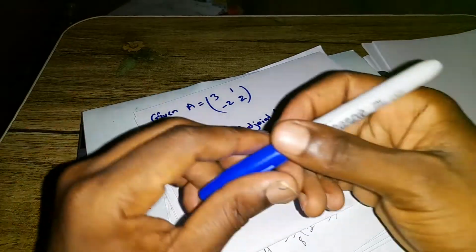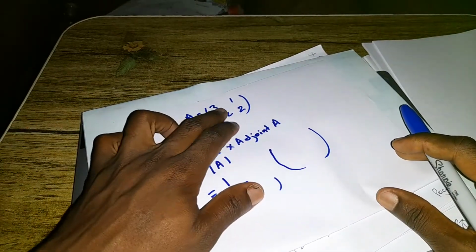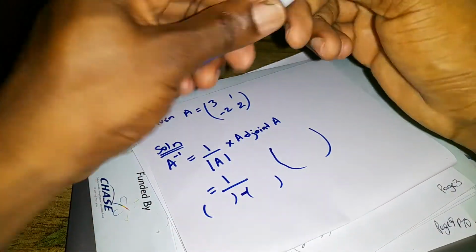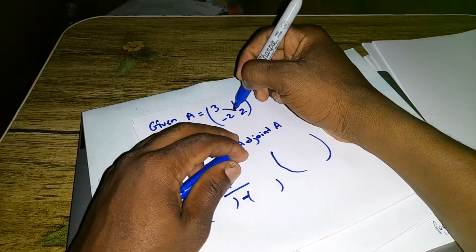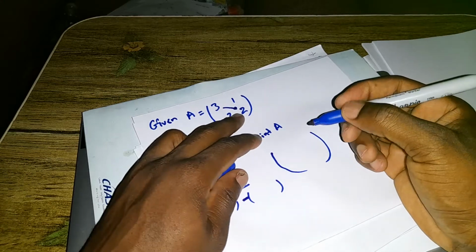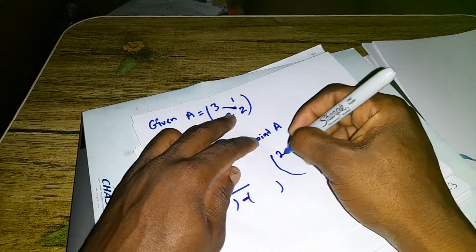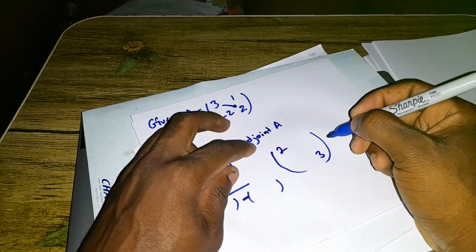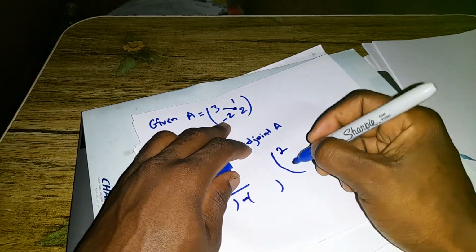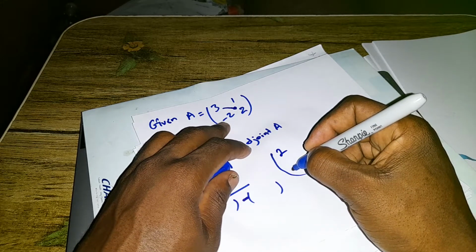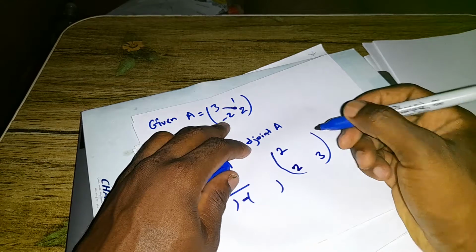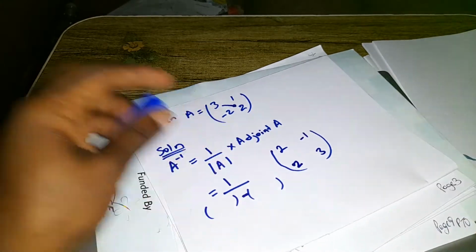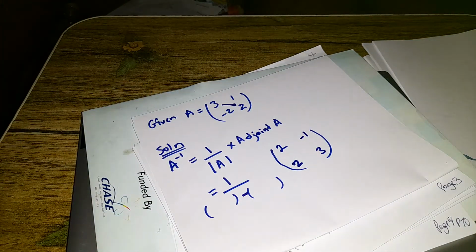Remember what you do in the adjoint? You interchange the position of the leading diagonals, 2 takes 3's space and 3 takes 2's space, and change the sign of the non-leading diagonal. If this is negative, this is going to be positive; if this is positive, this is going to be negative. And you're halfway through with the answer.